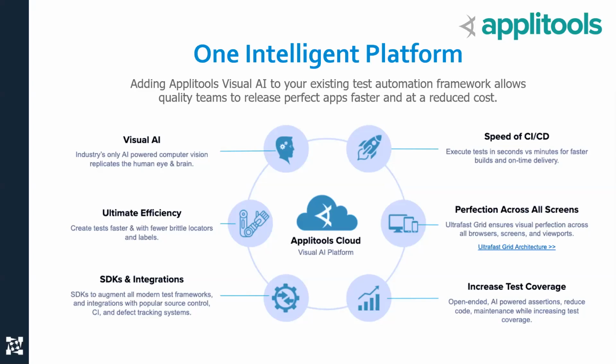And this can be incorporated into your CI and CD environment. And combined with our ultra-fast grid, this is a new product that we have that is changing the game when it comes to cross-browser testing. There's no one else out there doing cross-browser testing like we are, and I'll show you about it on the next slide. So let me just jump over to the next slide.